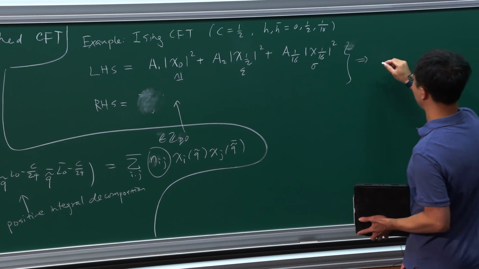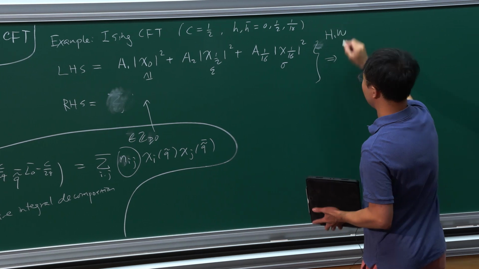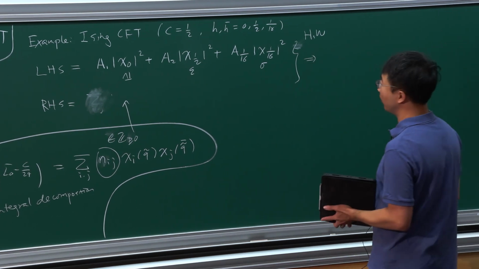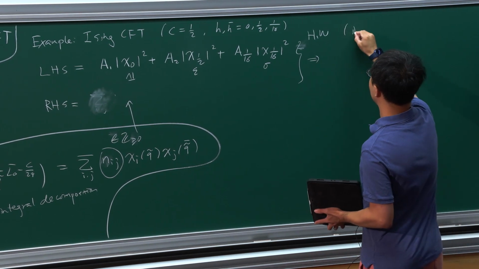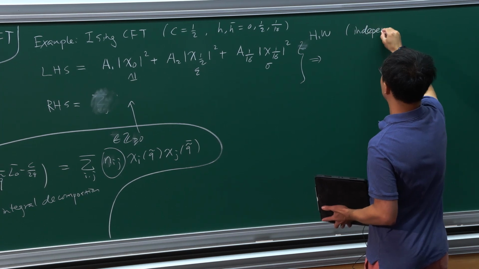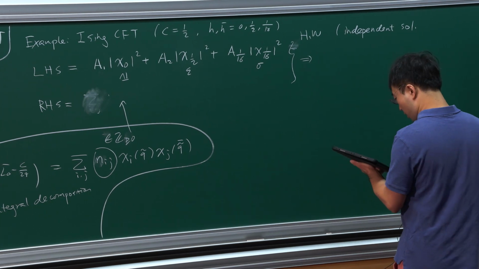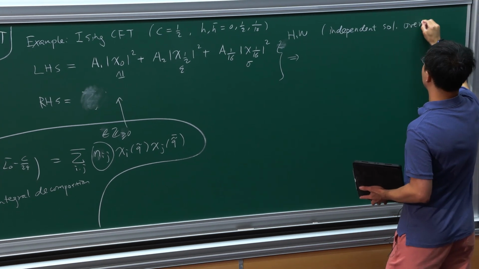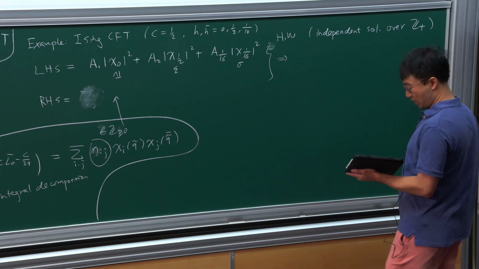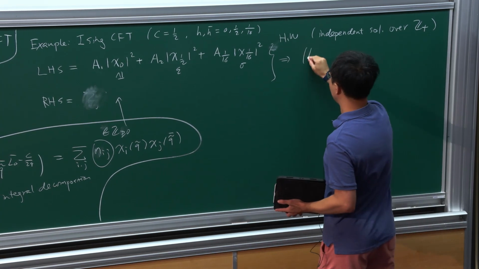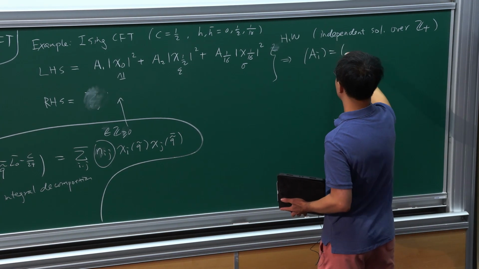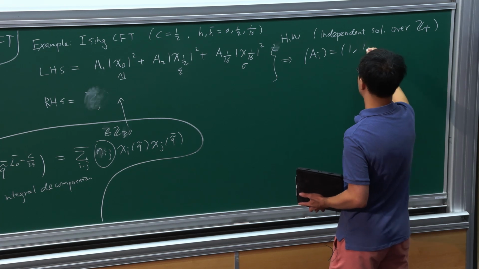And what you find from the homework is that there is a set of solutions independent over positive integers. And these solutions are given by, respectively, when all the A's are equal to 1.